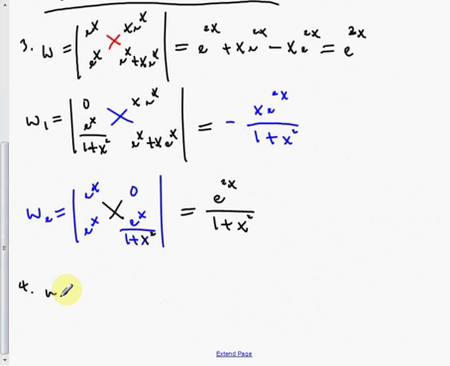Step 4 says u sub 1 prime is equal to w sub 1 divided by w. So w sub 1 is that negative x e to the 2x over 1 plus x squared, and that's divided by w, that's e to the 2x.